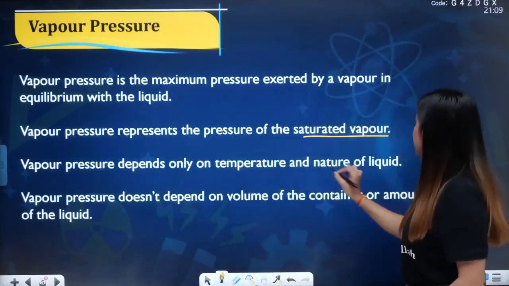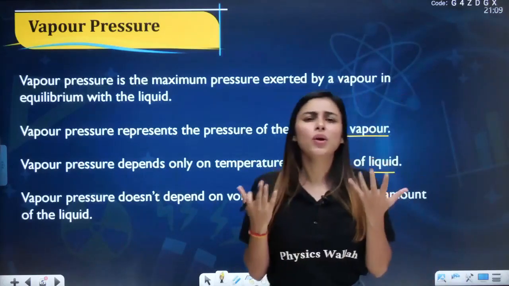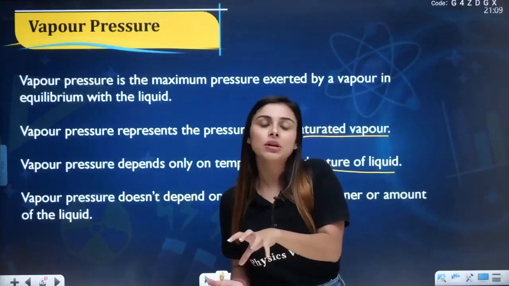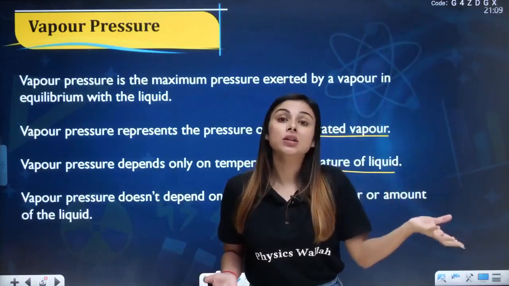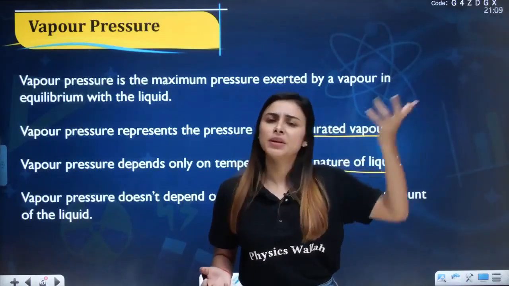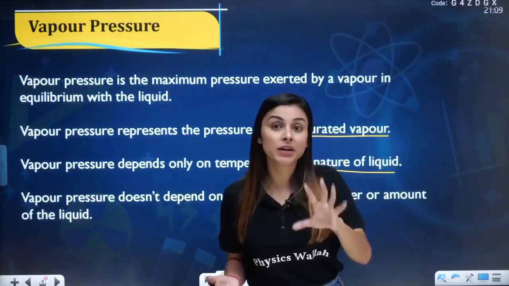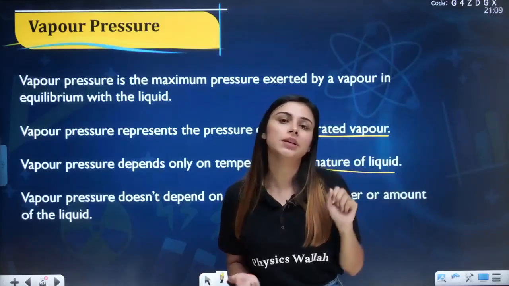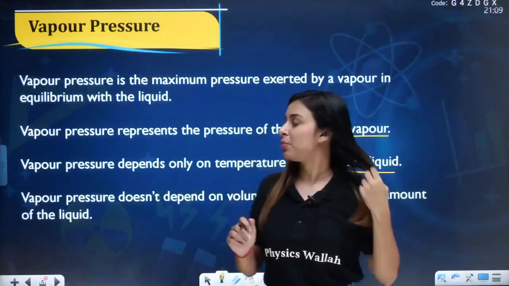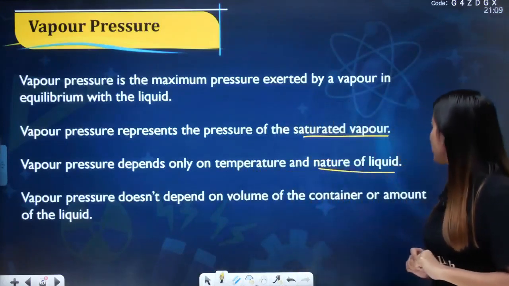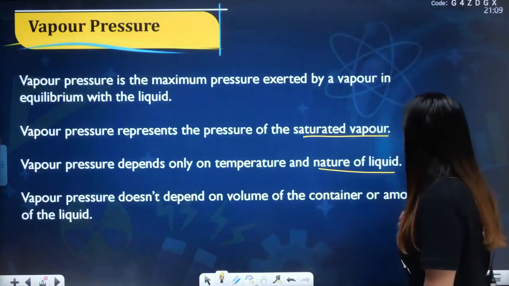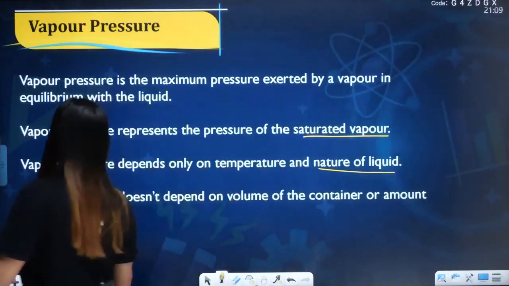Next, it says that it depends on the nature of the liquid. Obviously, for one particular liquid, the vapor pressure at a particular temperature is constant. For another liquid at that temperature, the vapor pressure will be another value, but that will be constant for that particular liquid, right? Perfect. Next, vapor pressure does not depend on the volume of the container or the amount. Here, my dear students, amount of the liquid is n.